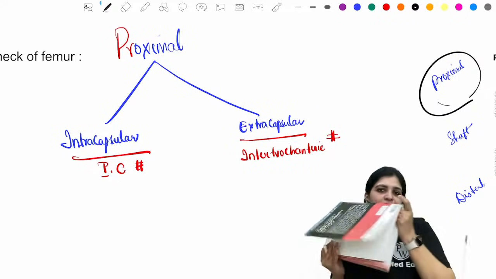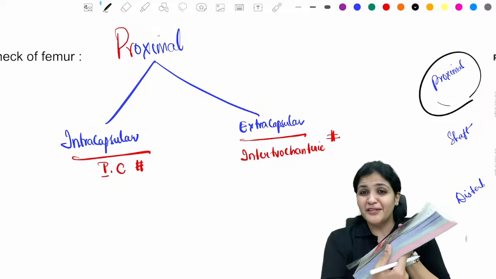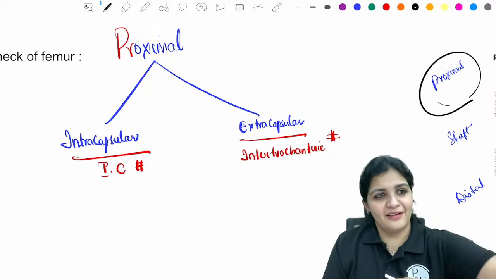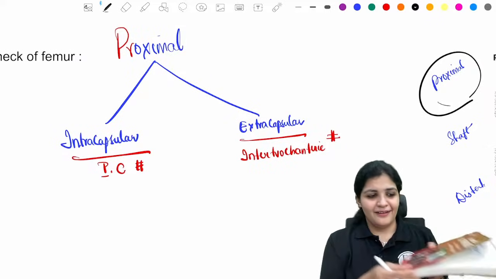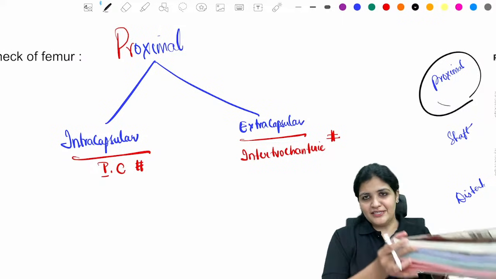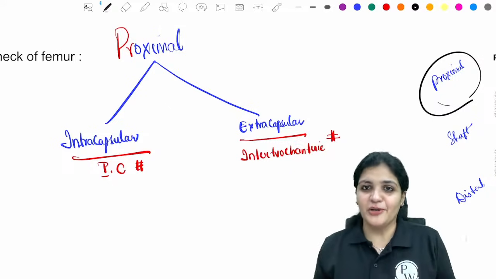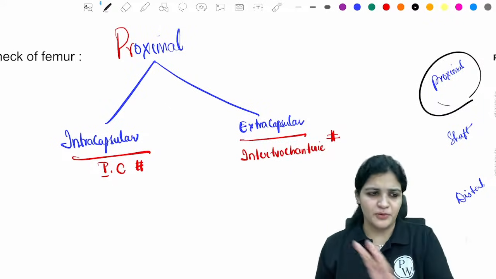So this is Apley's. Do you really want to read this much of ortho in your MBBS, or your Maheshwari? So the difference is this. Better stick to Maheshwari, and if you find something good and want to add, you add it in Maheshwari only.